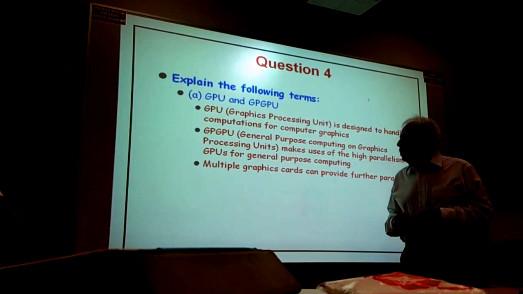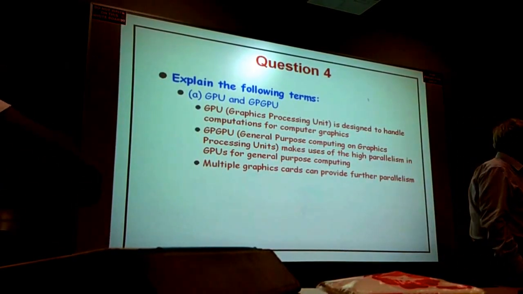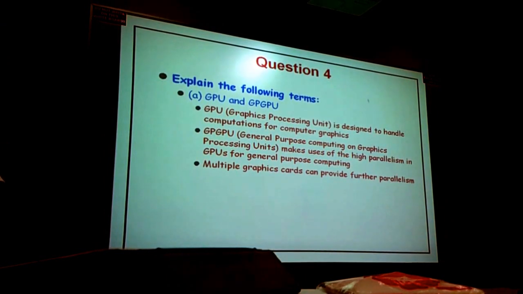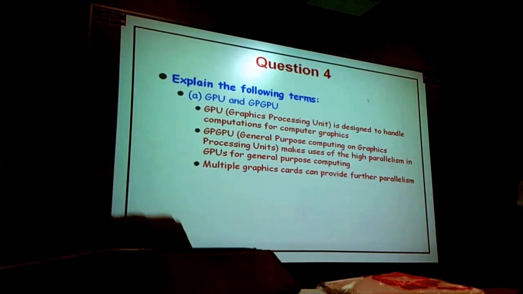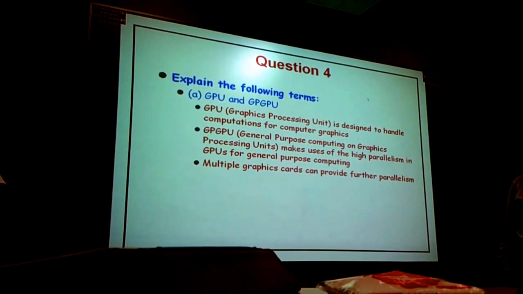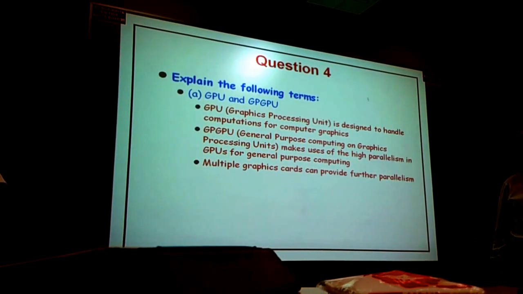And then later, people realized that we could actually use GPUs for general purpose computing. And this is where the term GPGPU comes from. GPGPU stands for General Purpose Graphics Processing Unit, or General Purpose Computing on Graphics Processing Units.